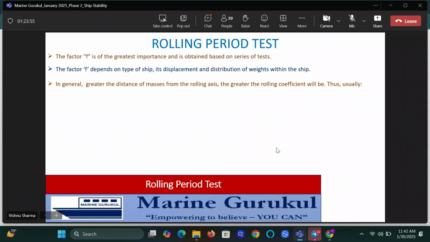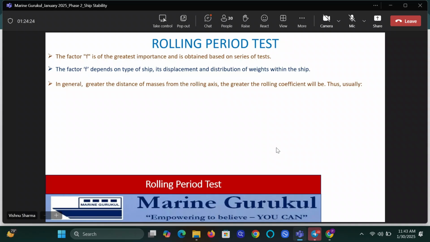In general, greater the distance of masses from the rolling axis. Guys, if the masses are distributed far away from the reference axis or the rolling axis, will the radius of gyration be more or less?